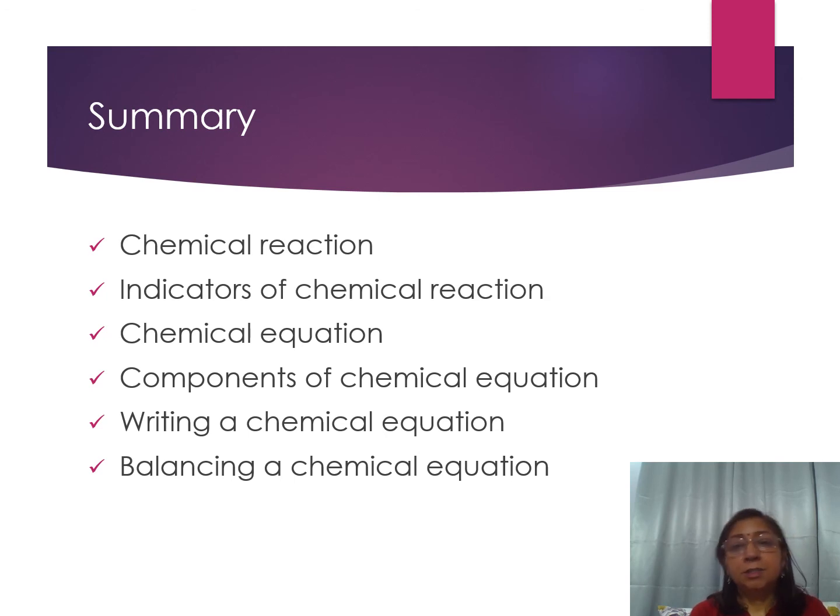Change in color, change in temperature, change in state, formation of precipitate or evolution of gas. Then what is a chemical equation? A symbolic representation of a chemical reaction. Then what are the components of a chemical equation? Reactants and products. Reactants are written on the left hand side with a plus sign and products on the right hand side with a plus sign. Then how to write a chemical equation and how to balance a chemical equation. Now in our next session, we will learn different types of chemical reactions.